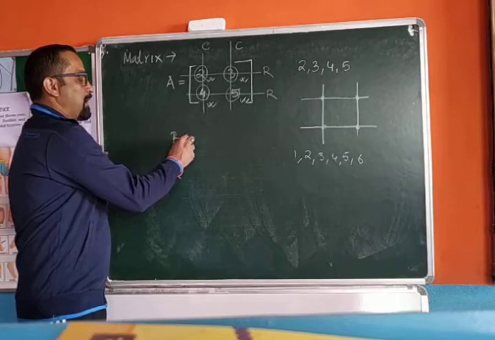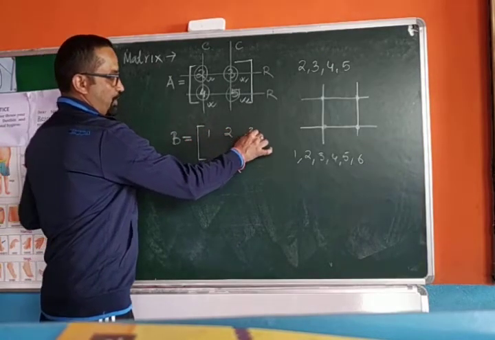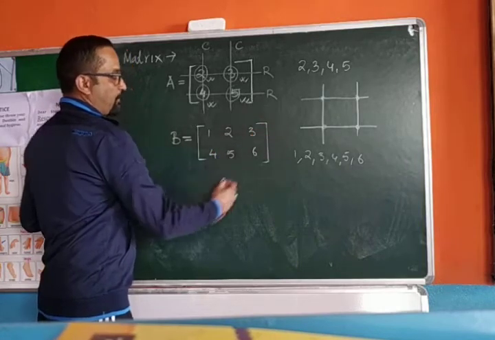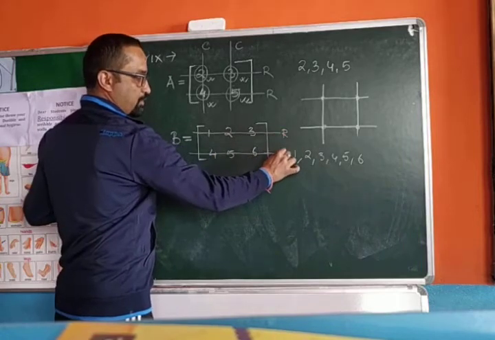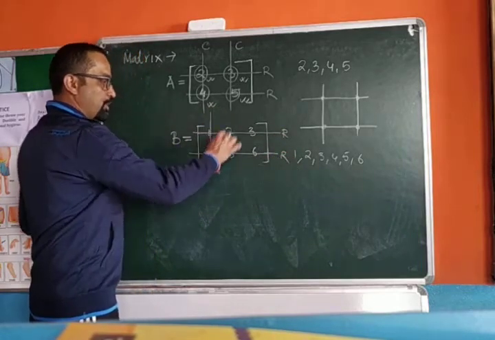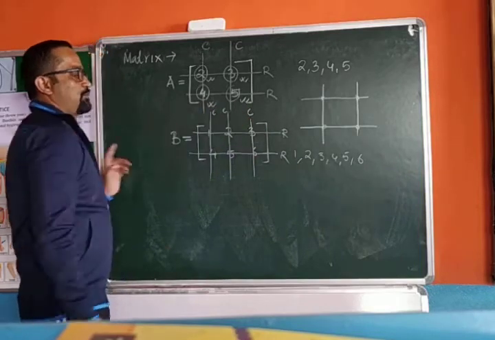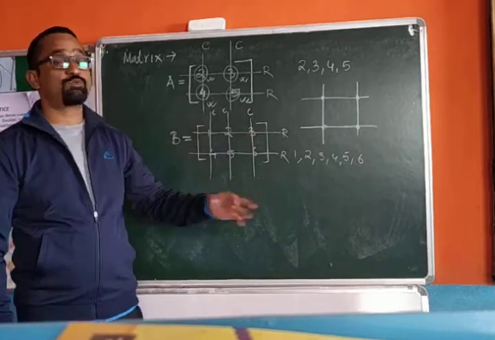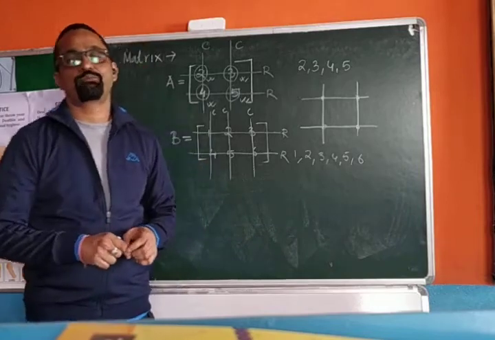Let's consider matrix B. Horizontal arrangement is called rows and vertical arrangements are called columns. So when we have an arrangement of numbers in the form of rows and columns, we call it a matrix.